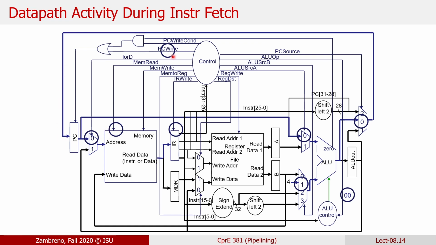Similarly, we have a separate control signal referred to as I or D here. Is memory acting as instruction memory or is it acting as data memory? In this case, it is acting as instruction memory. So the address we're actually connecting to our memory module would not be the base plus constant offset load/store word address. It would be the program counter as an address into memory.